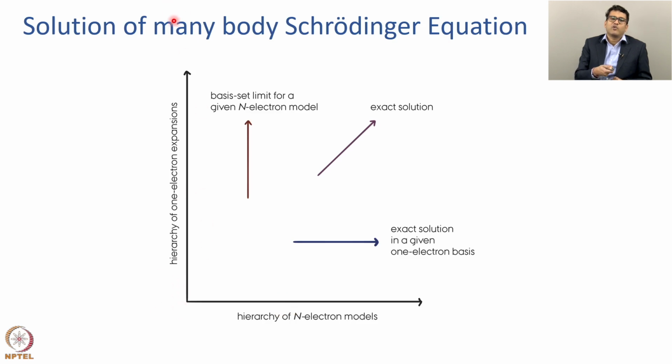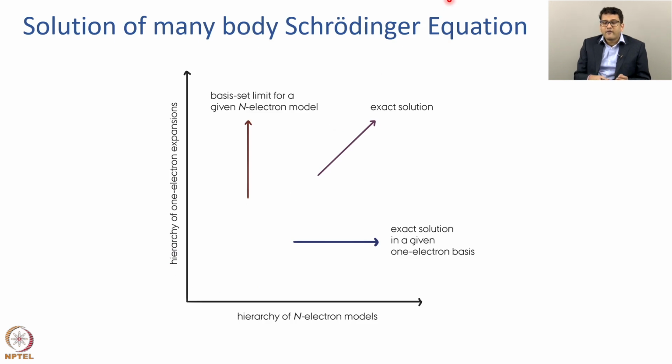In principle, I can go to the basis set limit or the infinite basis. So, to get to the exact solution of the Schrodinger equation, I need to go high on both the axes, both x and y, at the same time. In that case, I can reach the exact solution of the Schrodinger equation.